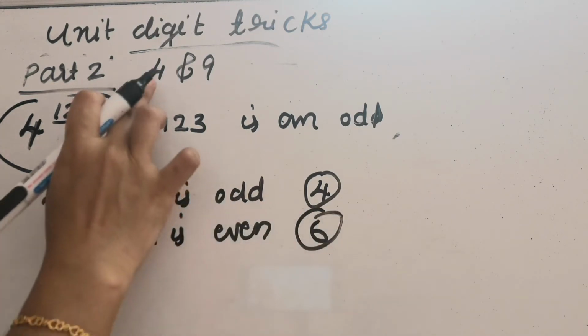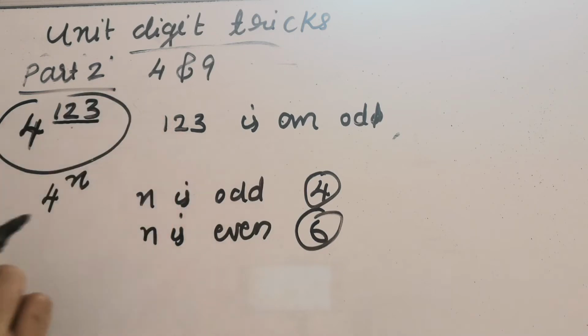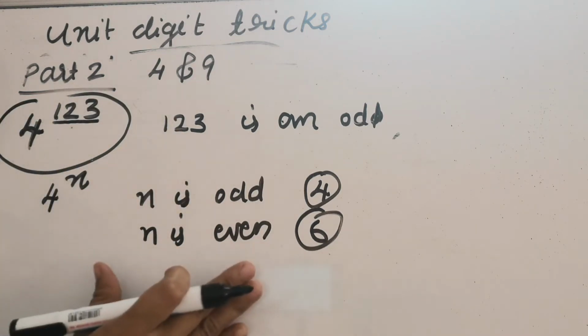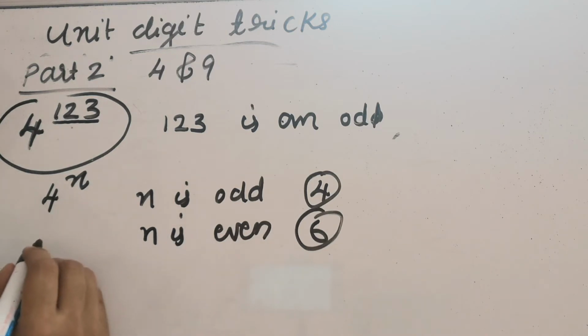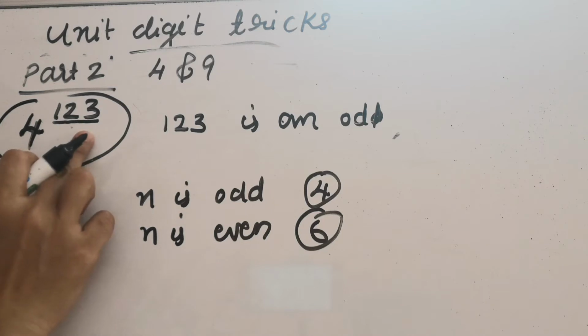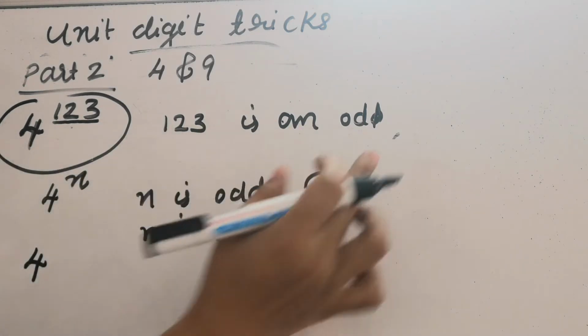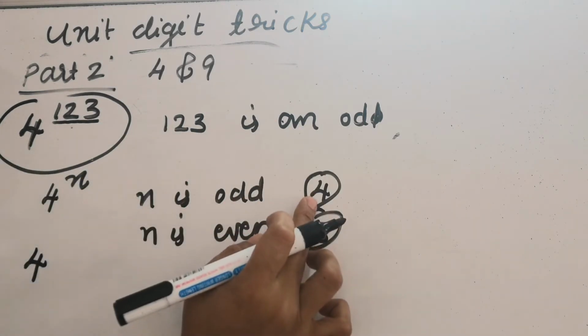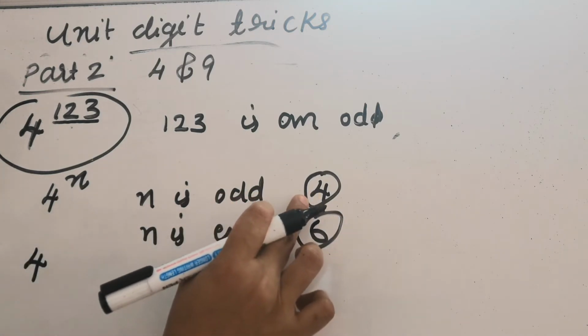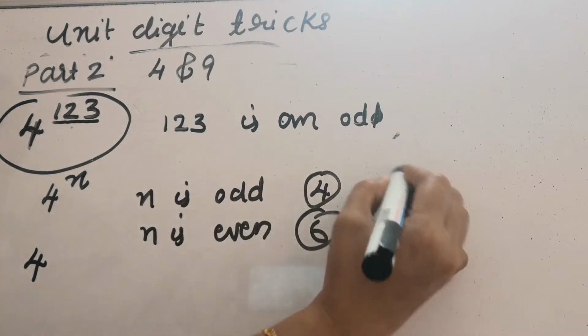This is the rule for 4 raised to any large number. Using this rule, we find the answers. 4 raised to 123: 123 is an odd number. If n is odd, the unit digit, or ones place digit, is 4. So our answer is 4.